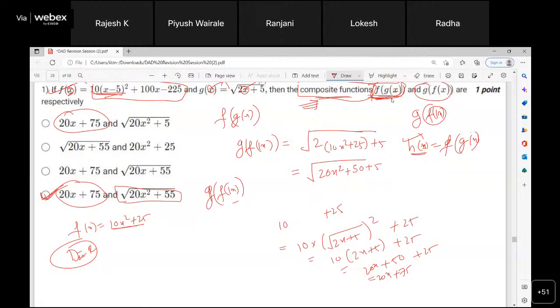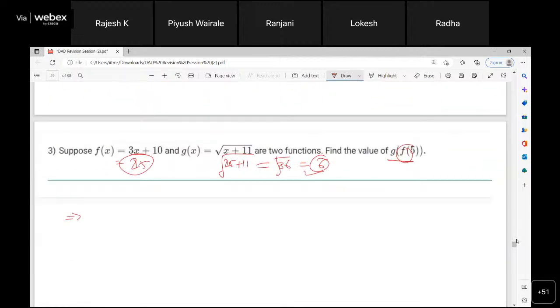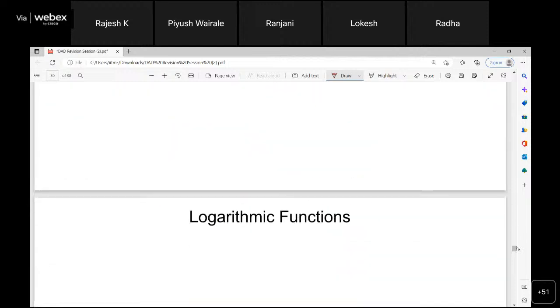Now just replace f of x in this g of x. Oh, okay. I have made a mistake. Instead of plus 11, I have written plus 5. Okay, got it. So 3x plus 21. Now put x equals 5, that is 15 plus 21, that is 36 only, right? Under root, 6 is the answer. Yeah, same.